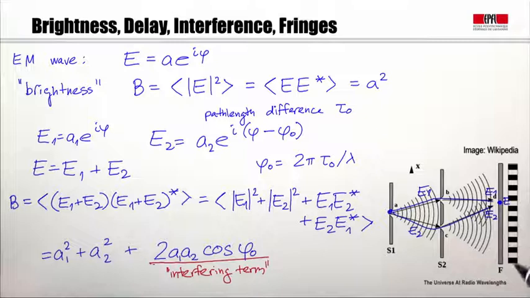So as we move around on the screen, phi naught changes, so the interfering term changes, and that's what produces the fringes. Another thing which you can directly see from this is that the frequency of the pattern is determined by the spacing of the slits. If we move the slits further apart, the path length difference between these two paths increases, so the spacing of the fringes becomes finer.